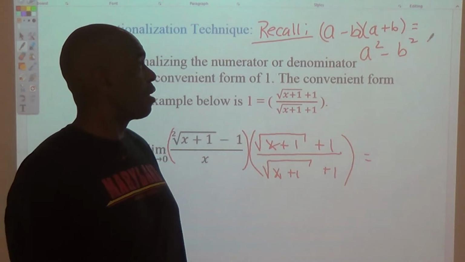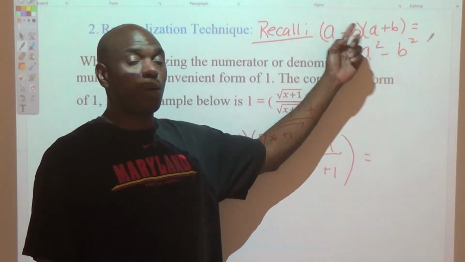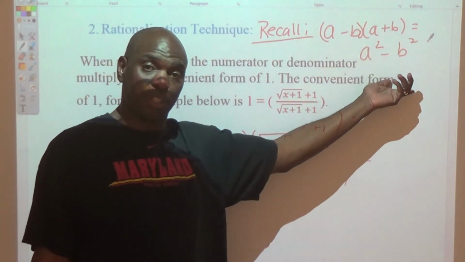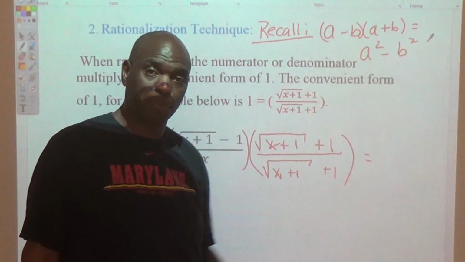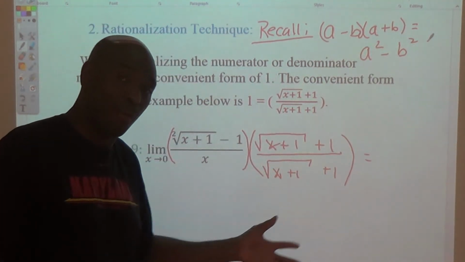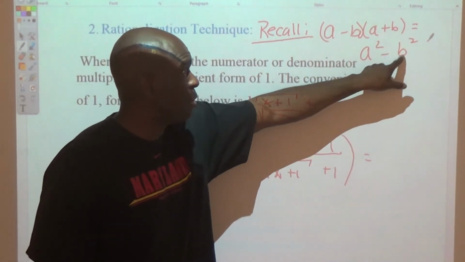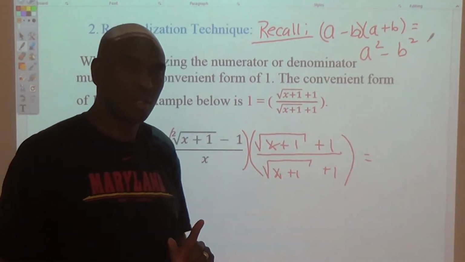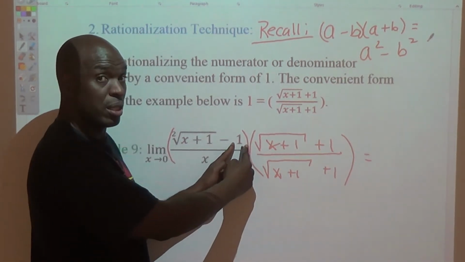The difference between two squares. Here are the factors of the difference between these two squares. One factor is a minus b, the other factor is a plus b. So these two things here in my numerator are factors. So when I multiply them together, I get a squared minus b squared. I'm going to call this a, and 1 over here is b.